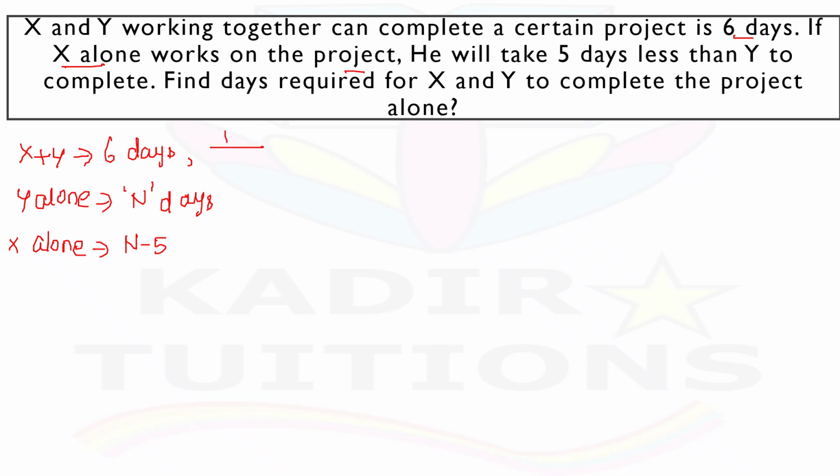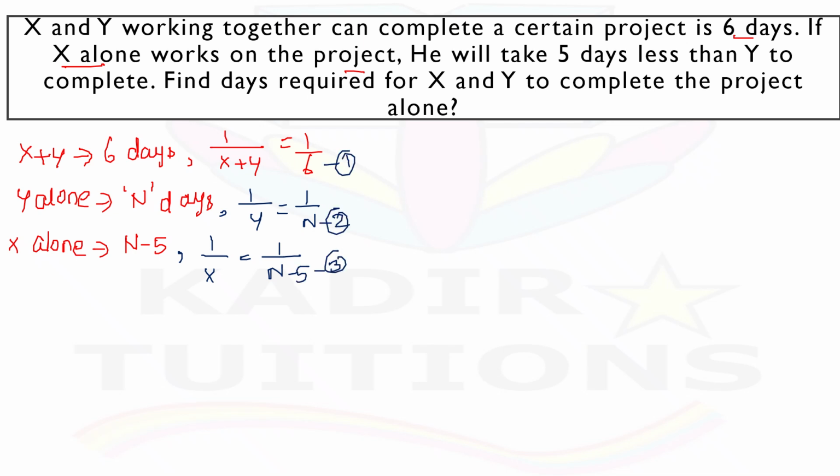So you have to take the reciprocal: 1 by (x plus y) equal to 1 by 6. And Y alone can do how much work in one day? It's nothing but 1 by y equal to 1 by n. X alone, how much work can be done in one day? It's nothing but 1 by x equal to 1 by n minus 5. So you can mark all these equations as 1, 2, 3.